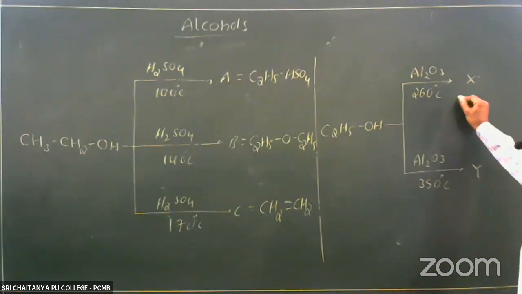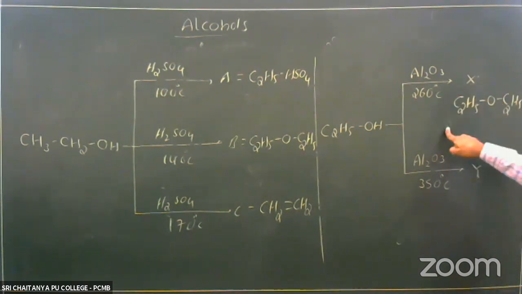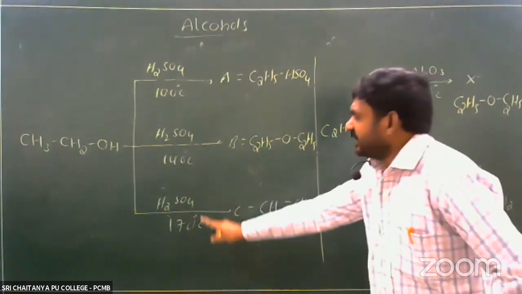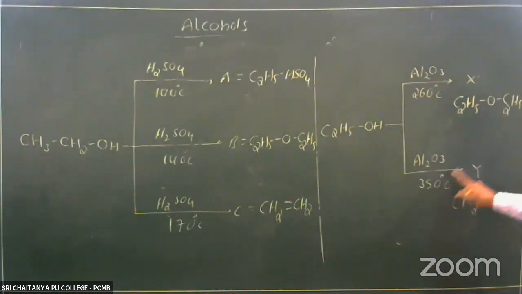Here X is diethyl ether, C2H5-O-C2H5, at low temperature. At 350 degrees centigrade, it forms ethylene. So with concentrated sulfuric acid at 170, or alumina at 350, it forms the same product, CH2=CH2.